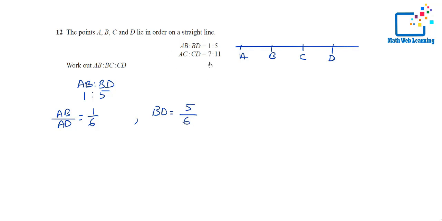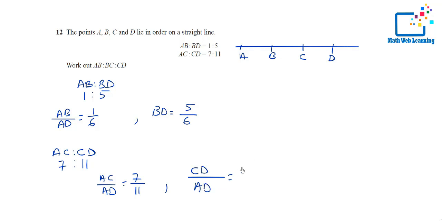I'm going to do the same thing to the other ratio, AC to CD, which is 7 to 11. As fractions, AC over AD is 7 out of 11, and for the other one, CD over AD is 11 out of 18.